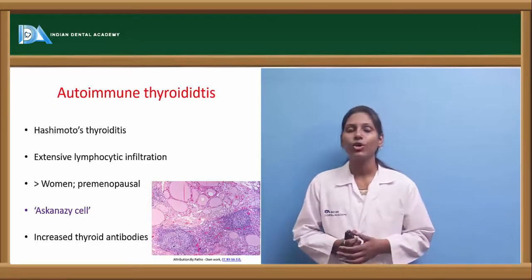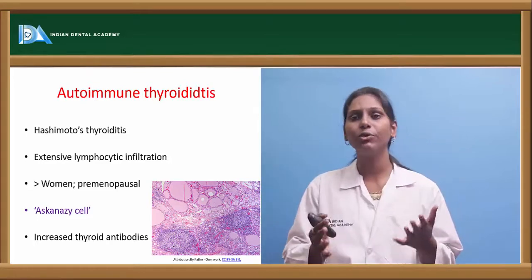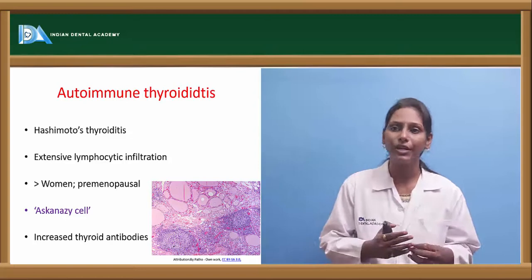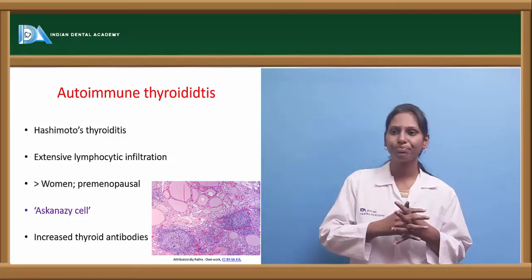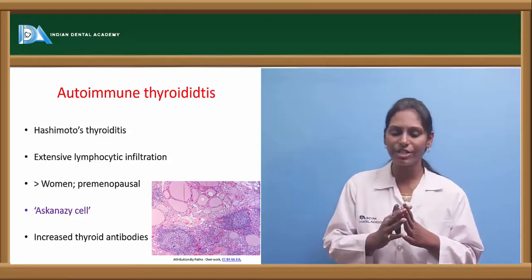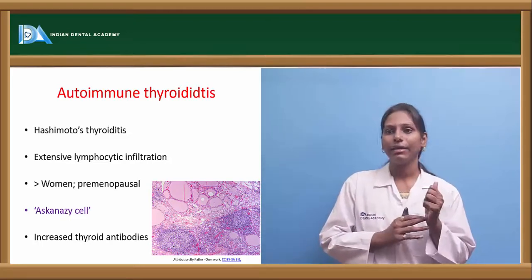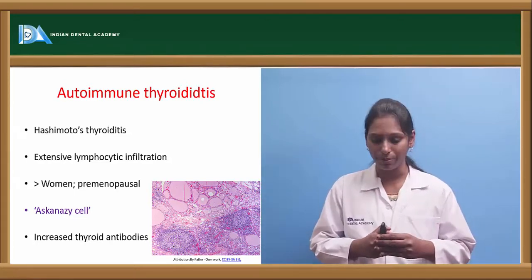And then the next one is autoimmune thyroiditis. In autoimmune thyroiditis, as I already told you, the most common one is Hashimoto's thyroiditis. In Hashimoto's thyroiditis, what we see is extensive lymphocytic infiltration, or a chronic lymphadenoid type of goiter. Most commonly autoimmune thyroiditis affects women, especially in the pre-menopausal stage.